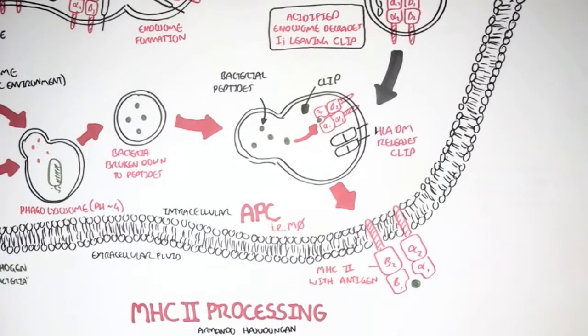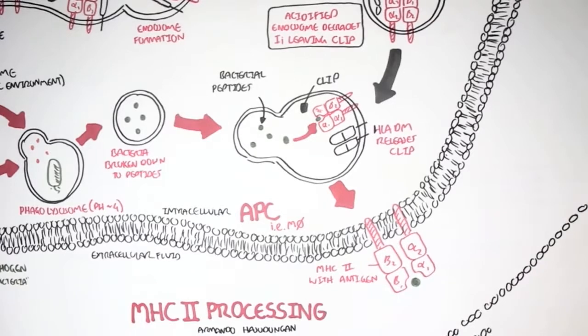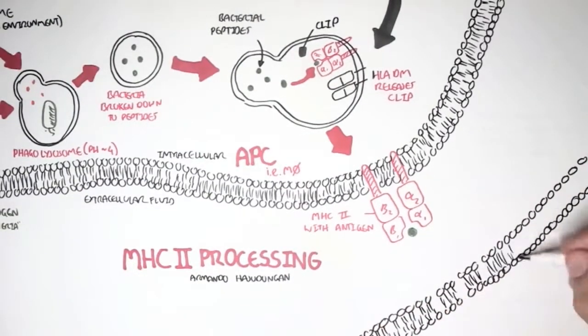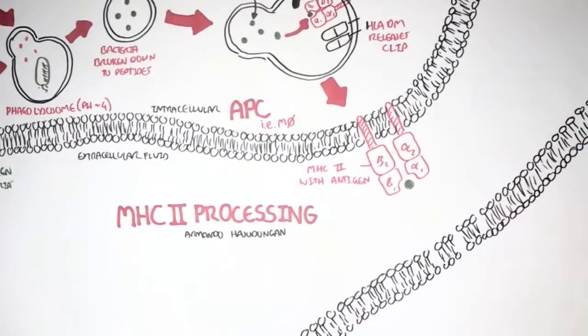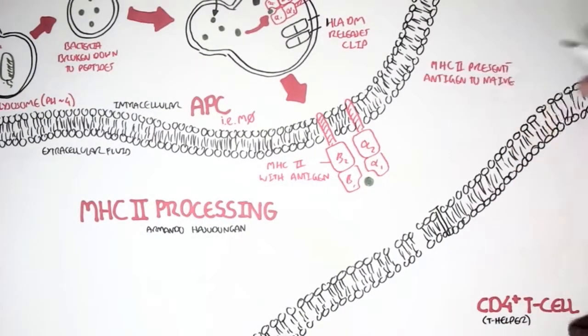When the naive CD4 T cell becomes activated, it will become a T helper cell, and this is very important in promoting the immune response. So let's see what sort of interaction occurs between the antigen-presenting cell and the naive CD4 T cell. Here I'm drawing up the cell membrane of a naive CD4 T cell, which essentially is a naive T helper cell.